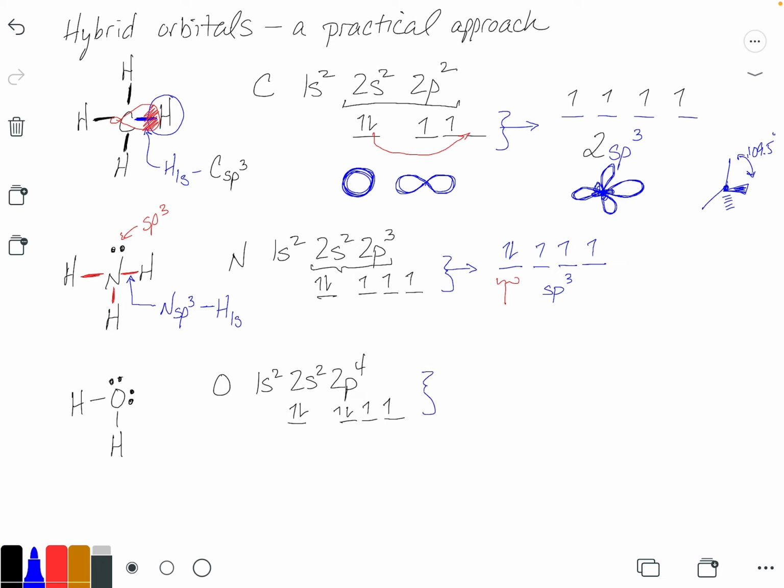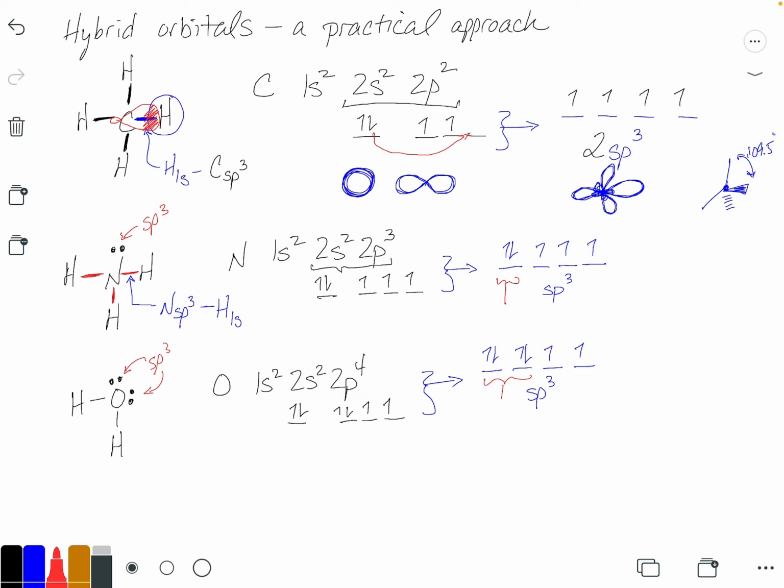If I feed those into Linus Pauling's hybridization machine, I spit out my 4 hybrid orbitals, and those same 6 electrons are in there: 1, 2, 3, 4, 5, 6. And notice what I have now. I have 2 lone pairs of electrons in those hybrid orbitals, right here.